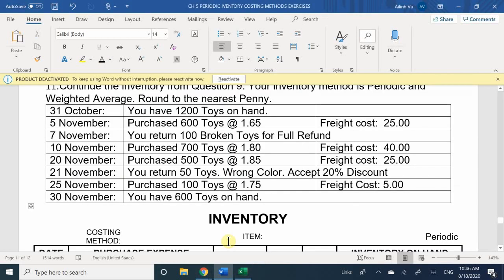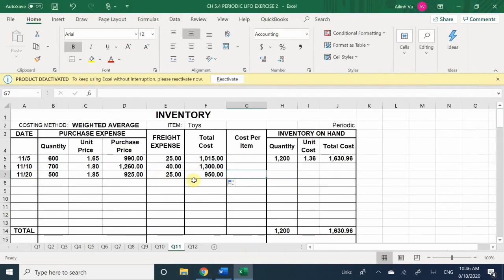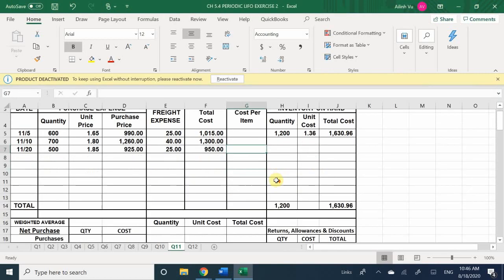What happened next on the 21st of November? A return of 50 toys with a discount of 20%. We didn't actually return 50 items, but we do need to calculate for those 50 items returned with the 20% discount. So here we're going back down to our bottom.